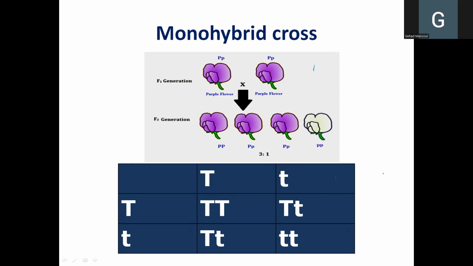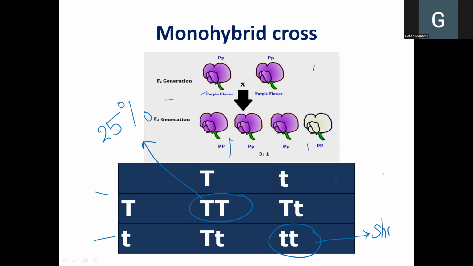Of course, we are using a Punnett square, and the diagram above is a genetic diagram. You can see that if you start with capital T small t for one parent and capital T small t for the other parent, then the resultant gametes will be like this. We have 25%, or 1/4, that are homozygous tall or pure tall, 25% that are homozygous short, and 50% that are tall but heterozygous, or hybrid.